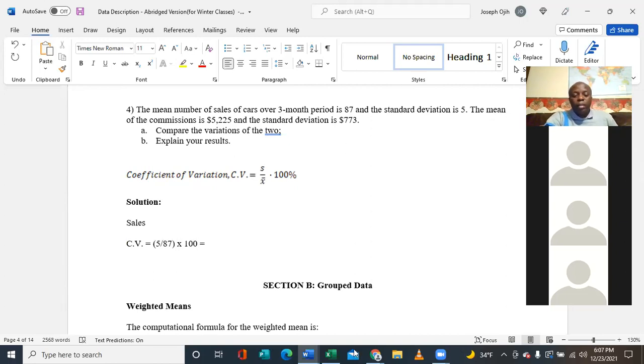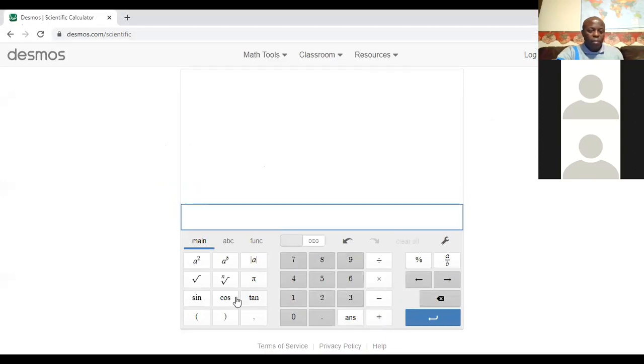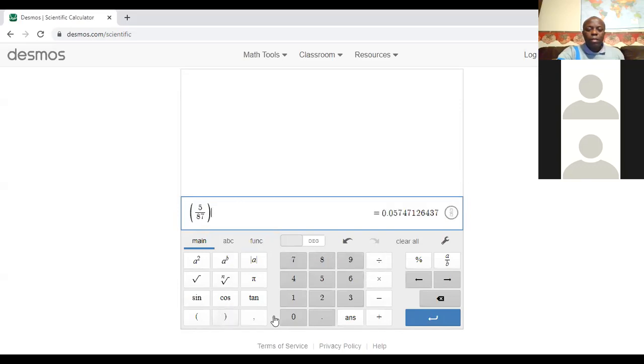Putting this in our calculator, we get the coefficient of variation for sales: 5/87 times 100. You can see my screen, I believe. 5.7%. So I will go back and put the answer as 5.7% for sales.